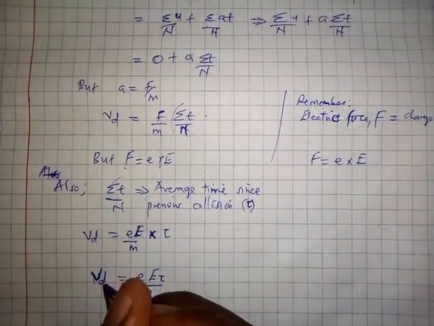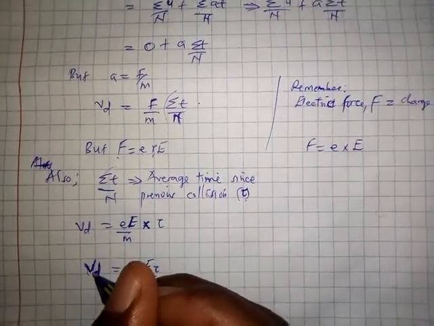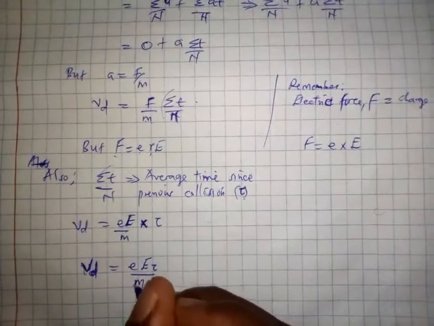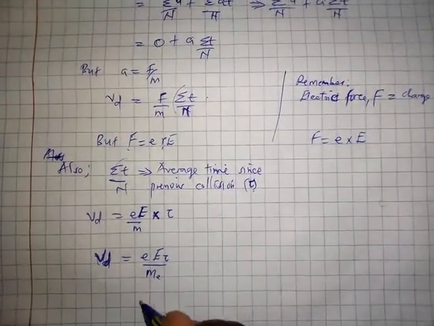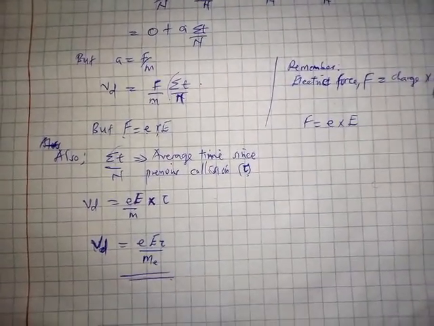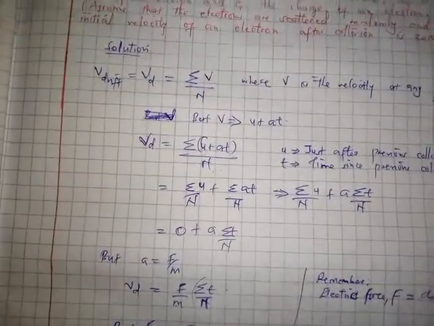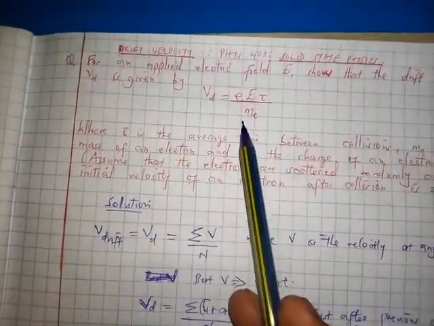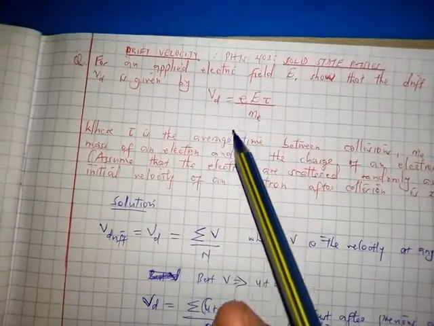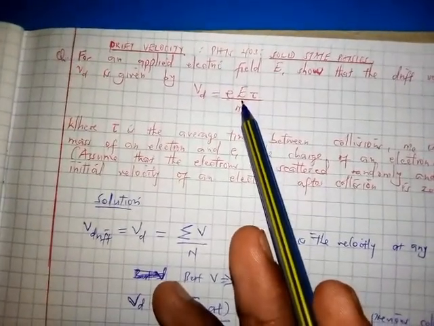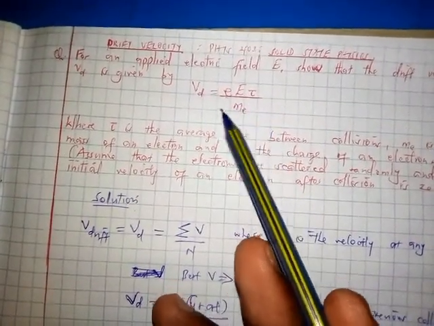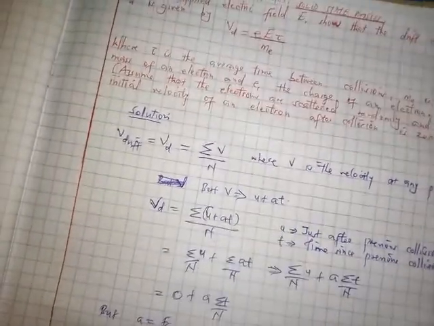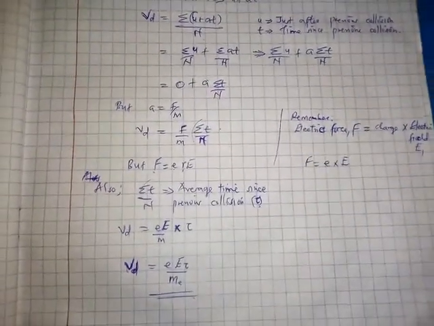Vd is the drift velocity, and m the mass of an electron. And up to that point, we have shown that the drift velocity is given by small e times capital E times tau, the whole of that over me, which is the mass of electron.